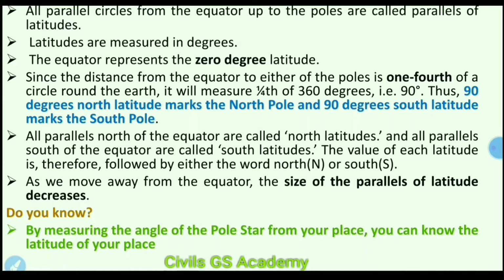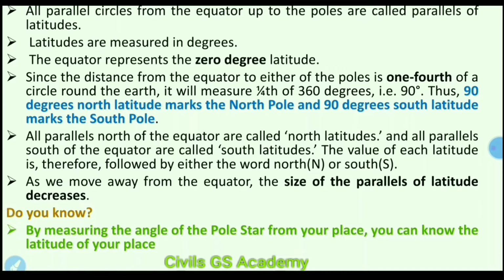The value of each latitude is therefore followed by either the word north N or south S. As we move away from the equator, the size of the parallels of latitude decreases. Why does it decrease? Because the size of the circle starts decreasing from the equator towards the pole. So the size of the parallel of latitude decreases from the equator to the pole. This is a very important point.